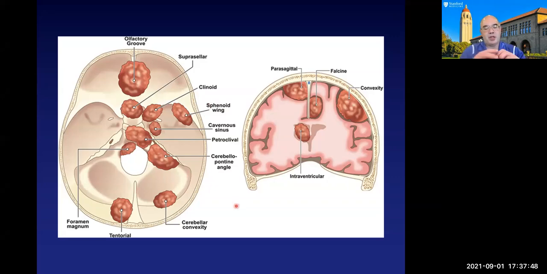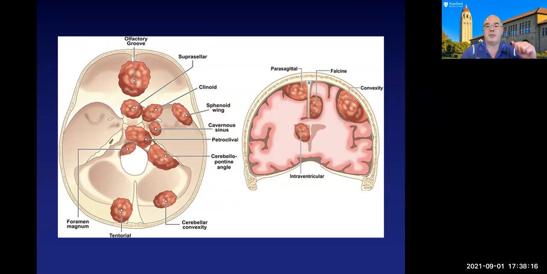Generally, meningiomas are named by the bone structure they grow off of. One of the meningiomas we'll talk about today is called a sphenoid wing meningioma. This is the sphenoid bone here. It's this curve that looks like a bird's wing, so that's why it's called a wing, and it's a sphenoid bone, hence the name sphenoid wing. Any meningioma that grows in this location is called a sphenoid wing meningioma.